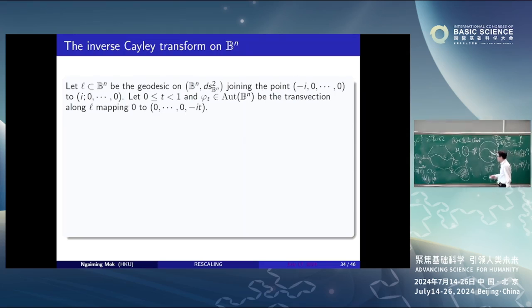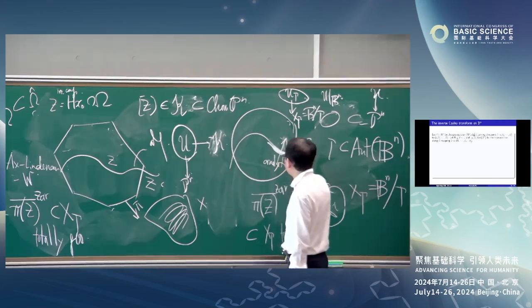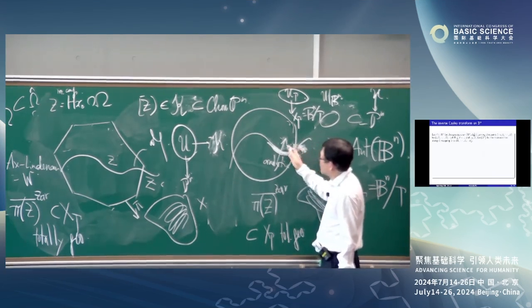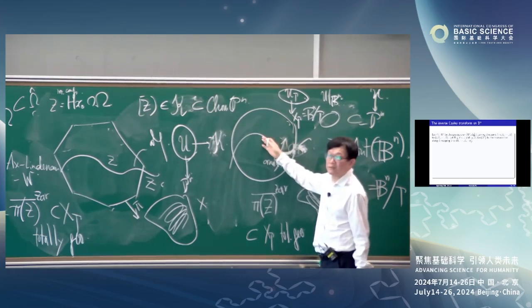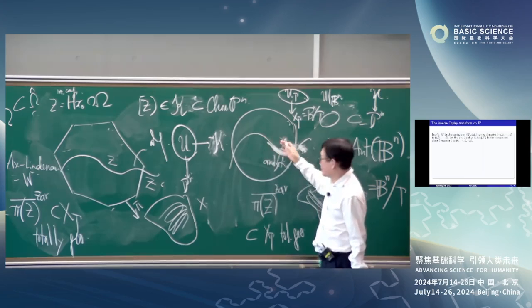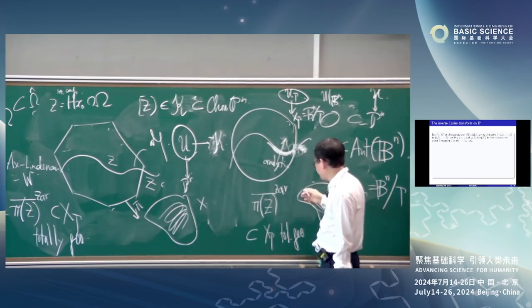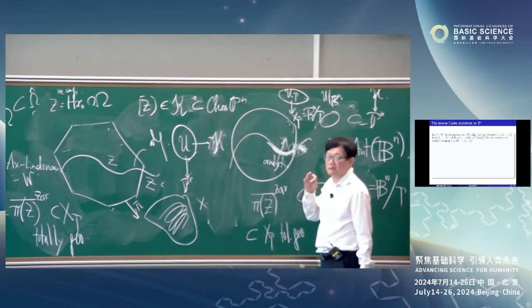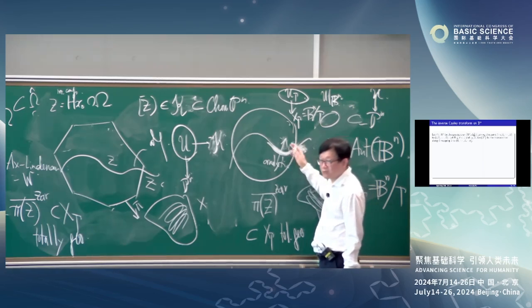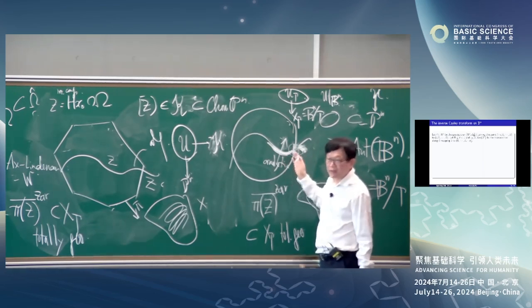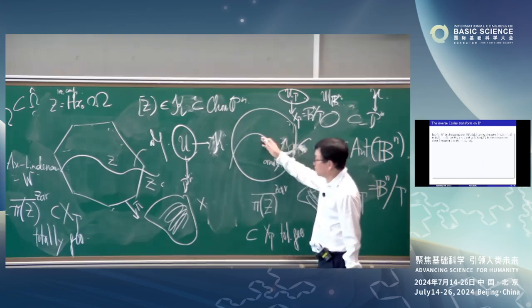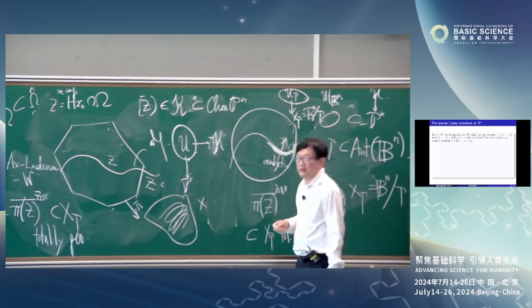And the type of argument I make about rescaling still works in the case of a bounded symmetric domain of higher rank. Except that if you have just a finite volume condition, the analysis is much more difficult. So I restrict myself to the co-compact case. The restriction would tell me that I can decompose.